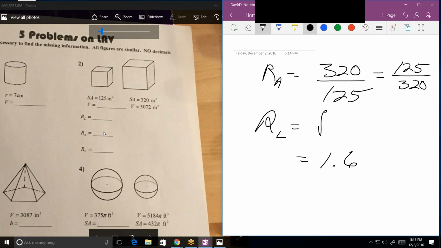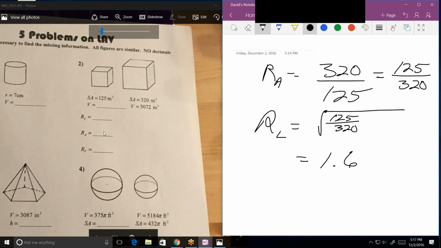So I would take the square root of 125 over 320, and you certainly don't get 1.6. You get a fractional number. But go ahead and do this in your calculator real quick. First of all, what's 125 divided by 320?